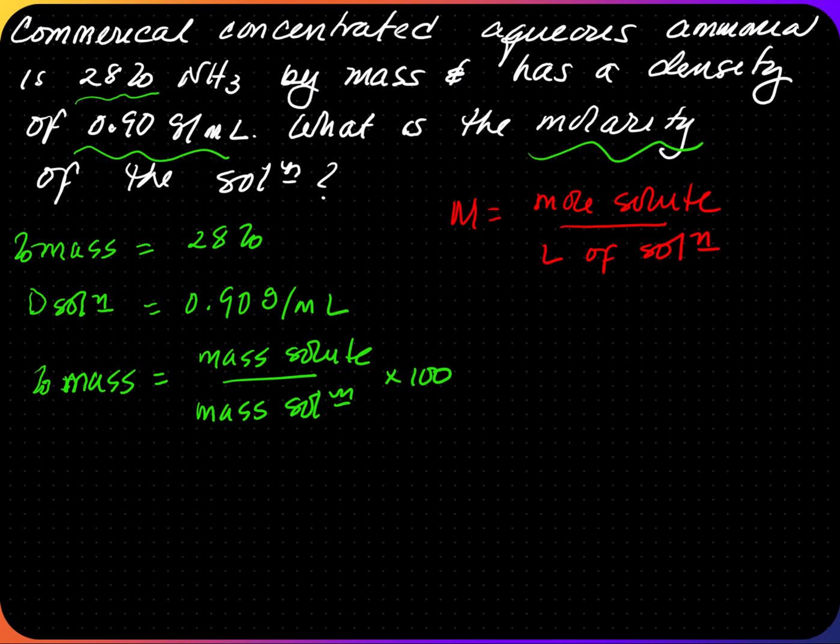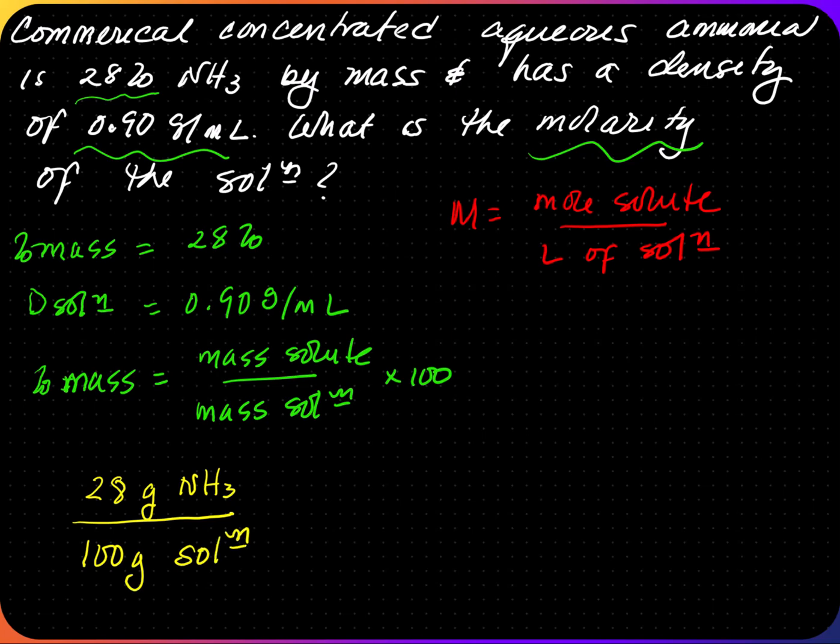When I am given 28% of NH3, I know my NH3 is my solute. Since it's given in percentage, I could write this as 28 grams of solute NH3 to 100 grams of solution.